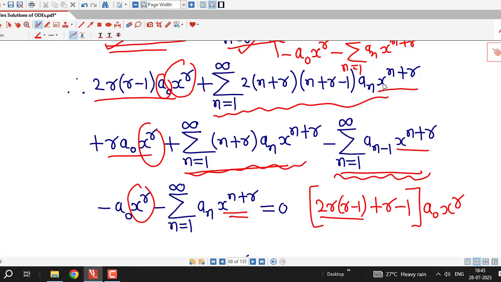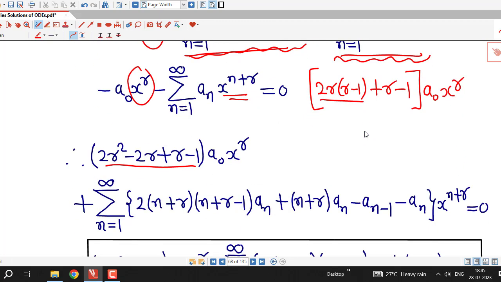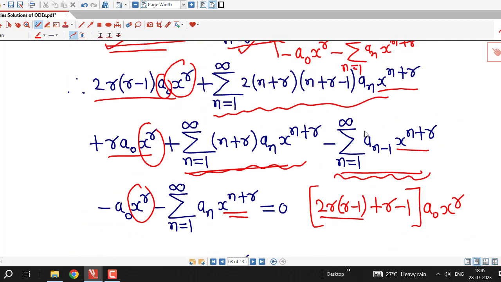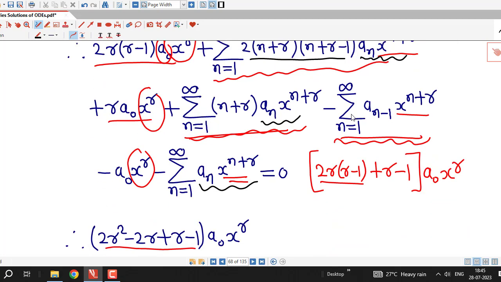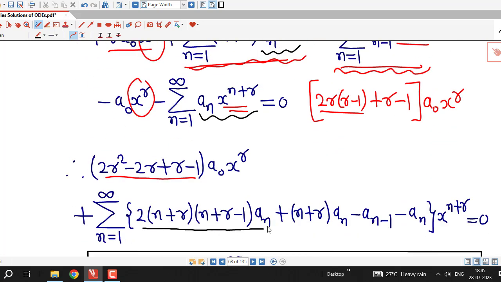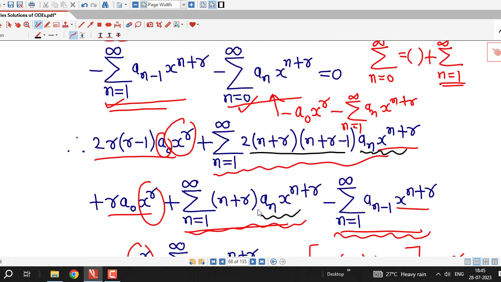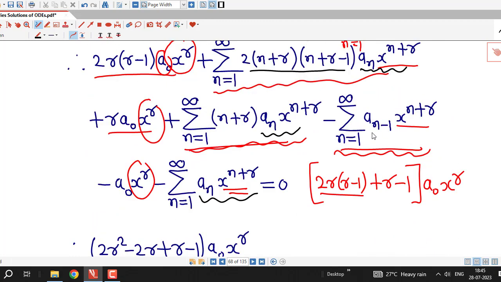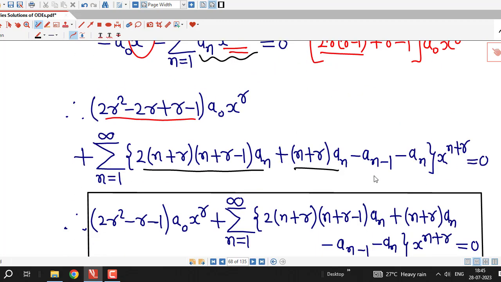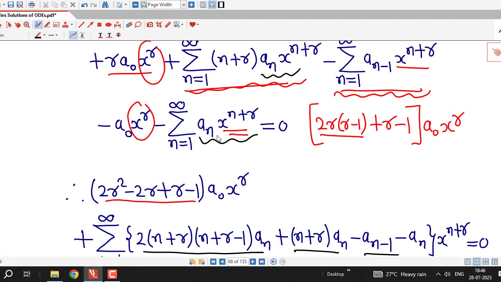So I have taken x raised to n plus r common, and I have taken an also common. If I consider the summations with an x raised to n plus r, then I have to combine these three summations, in which I have an x raised to n plus r common. So I have 2 times n plus r minus 1 into an plus n plus r into an, that I have written here, minus an minus 1, so that is here, and minus an.